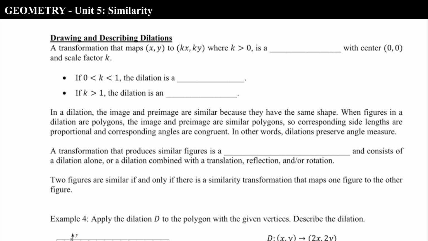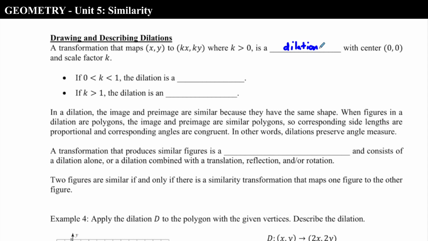Now, the transformation that maps x, y, and we're talking about a set of coordinates for a point, this is going to be one of the corners of your polygon or one of the vertices of your triangle, if we're going to map it to kx, ky, where k is greater than 0, this is a dilation, with center 0, 0. So we're dilating about the origin.